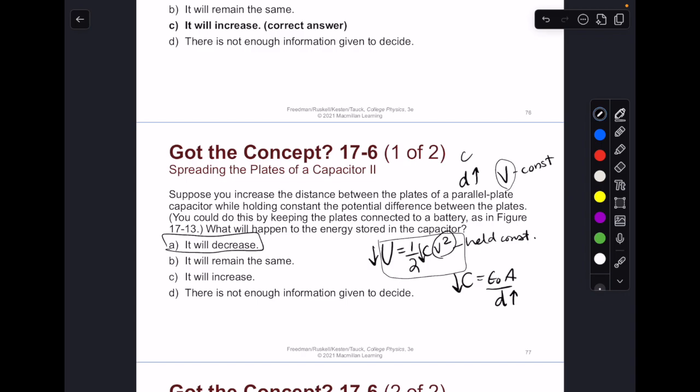And so the problem-solving strategy here is that when you are doing these relationships, you need to make sure that you are seeing all of the variables involved. For example, what if instead I decided to use 1/2 Q squared over C, okay? Well, embedded in Q is a relationship with V, right? And I don't know that Q is being held constant.